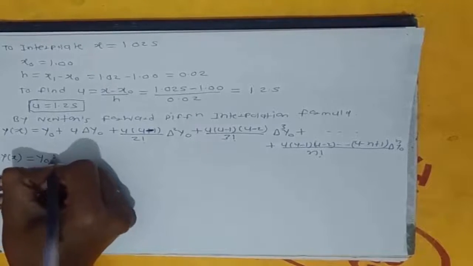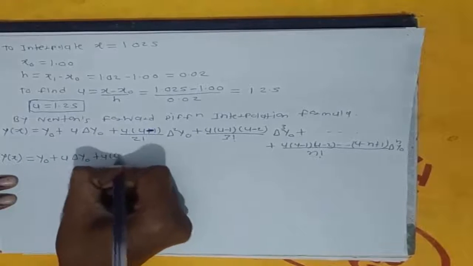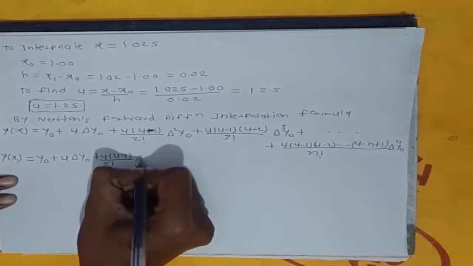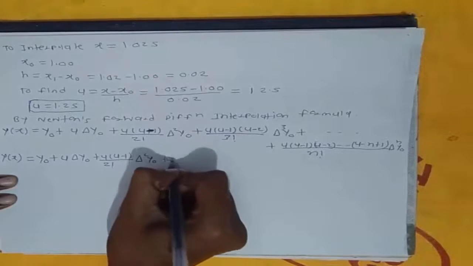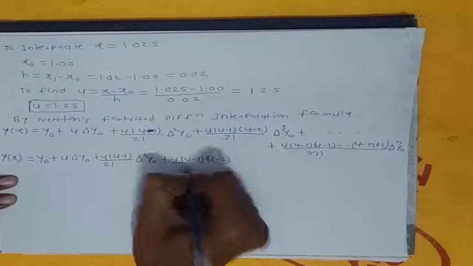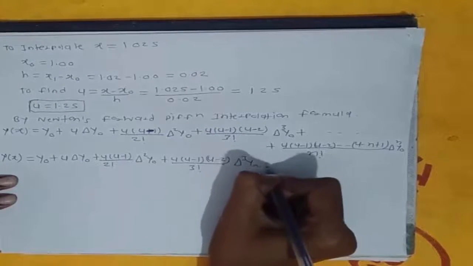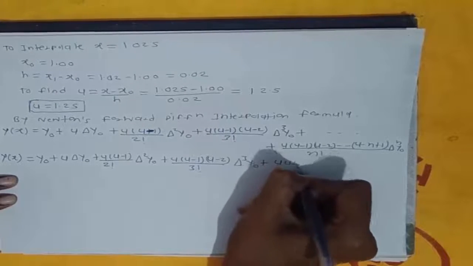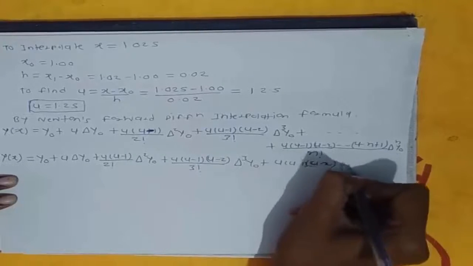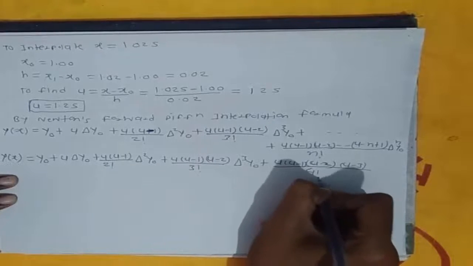So we get this becomes u y0 plus u into delta y0 plus u into u minus 1 by 2 factorial delta square y0 plus u into u minus 1 into u minus 2 divided by 3 factorial into delta cube y0 plus u minus 1 u minus 2 into u minus 3 divided by 4 factorial.